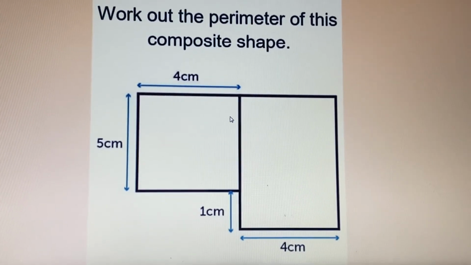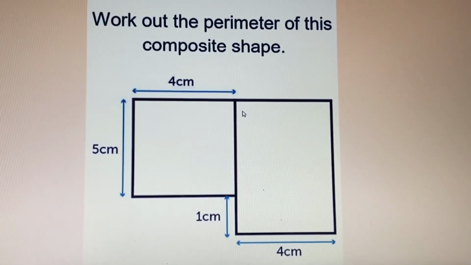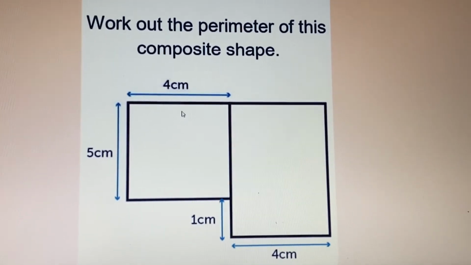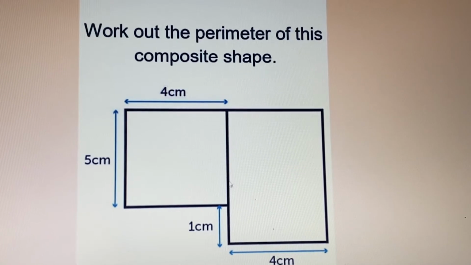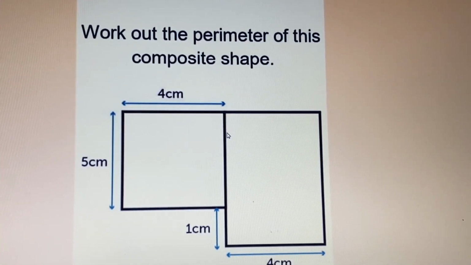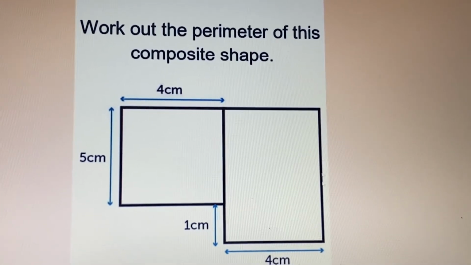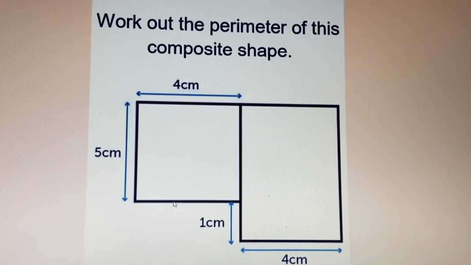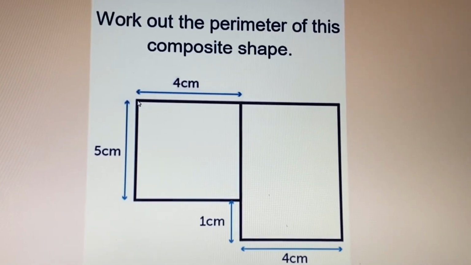And again, we've got some missing dimensions, some missing numbers. This one here is quite easy, because obviously it's 4. This one here, we don't actually need to know, because we won't be walking down that bit, because we'll be walking around the outside of the shape. So we'll never be walking in that middle bit.